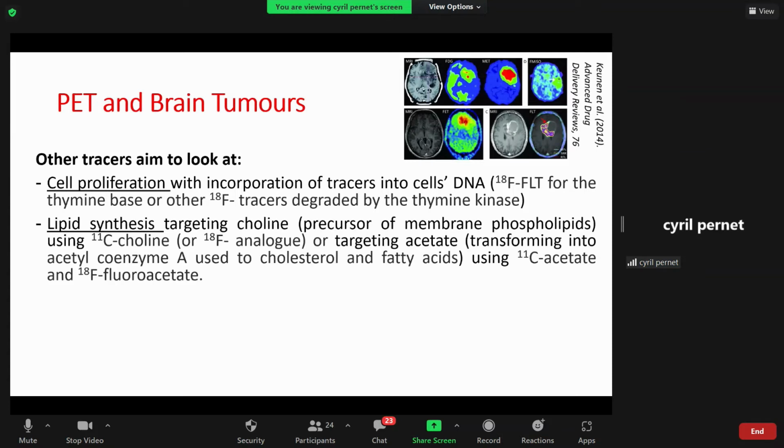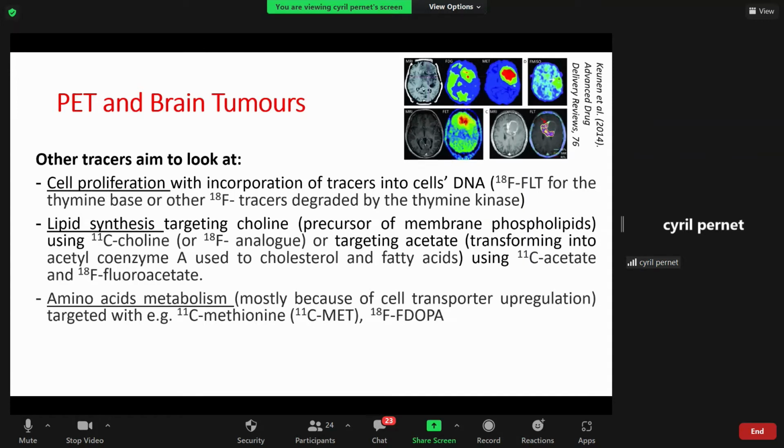Some will target synthesis of lipids, typically through choline, also acetate. Some will target amino acids, and that's because most of the time in cancer cells, we've got issues with cell transporters. So in this case, that's also what they are trying to do.